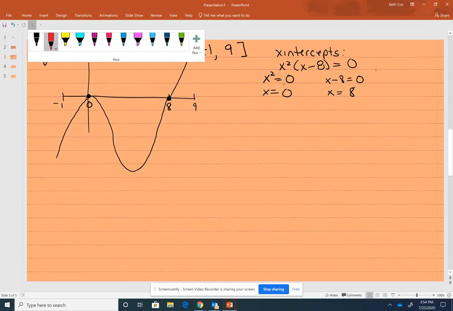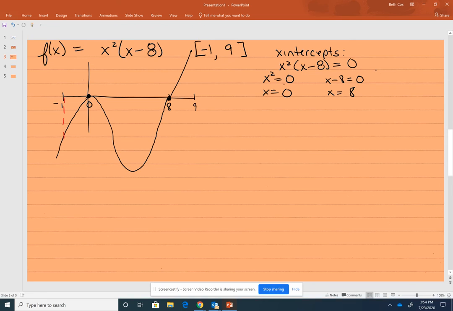And so now when I do my area, I have 3 sections to do. Well, I guess technically I could do it in 2 sections, couldn't I? I could do it in 2 sections.